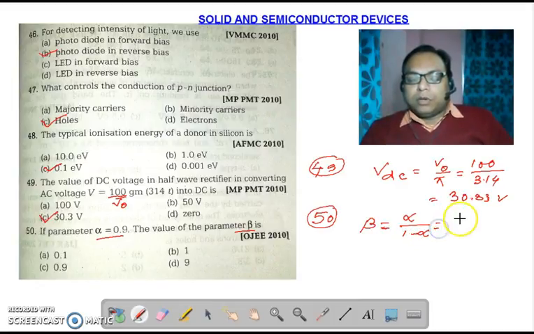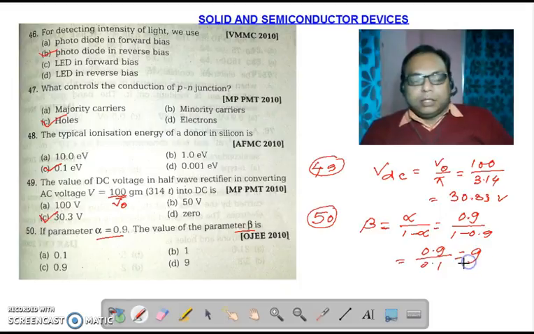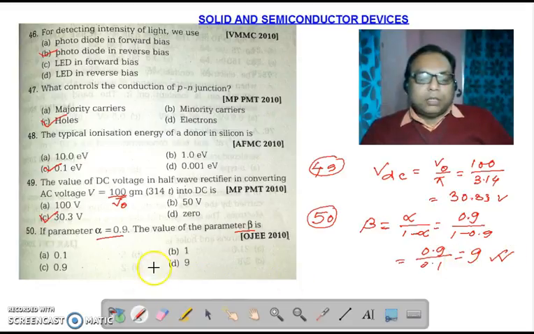Now we can put the value of alpha, which is given as 0.9, divided by 1 minus 0.9. So 0.9 divided by 0.1. If we solve it, we get the value of beta as 9. So option D is the correct option for this.